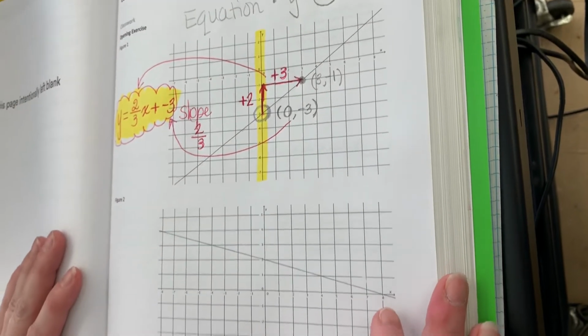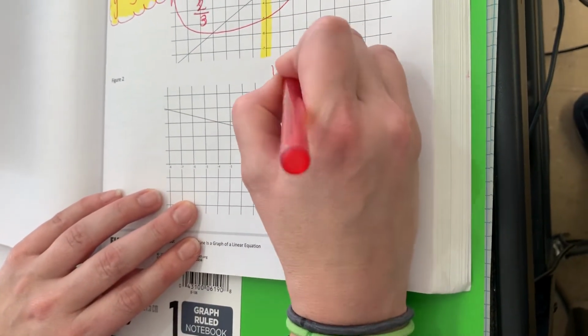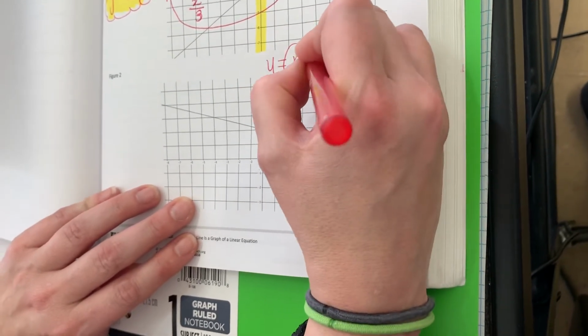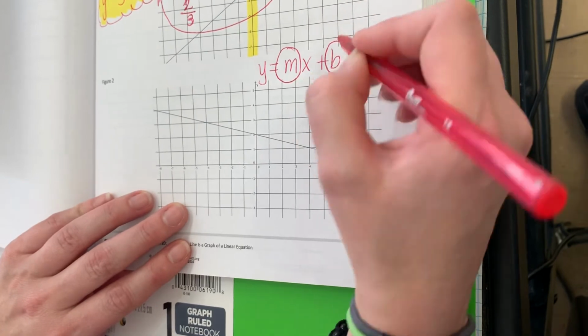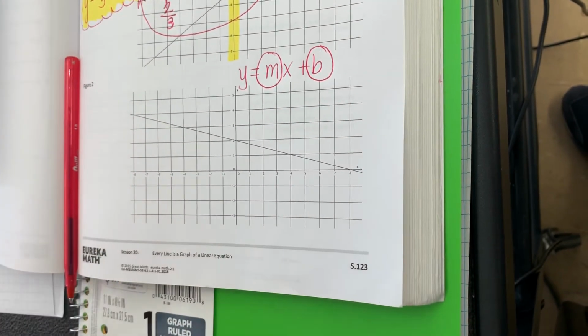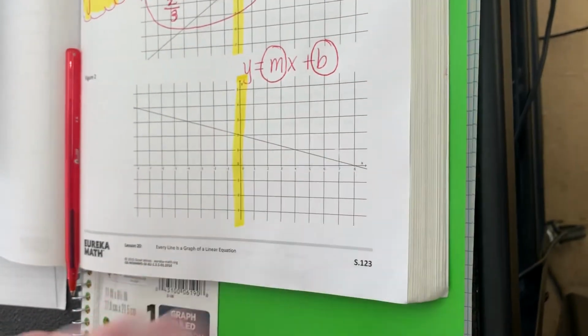Okay, if you go to figure 2, again, you just write the equation y equals mx plus b. But we're going to have a number for m, the slope, and a number for b, the y-intercept. If you look at the y-axis, we need to find where this line crosses the y-axis.